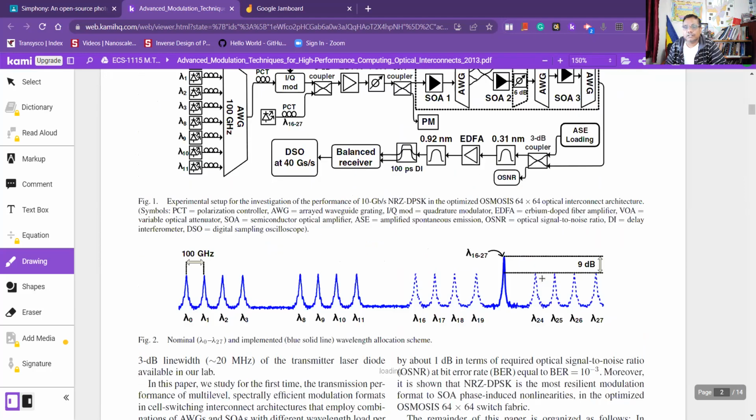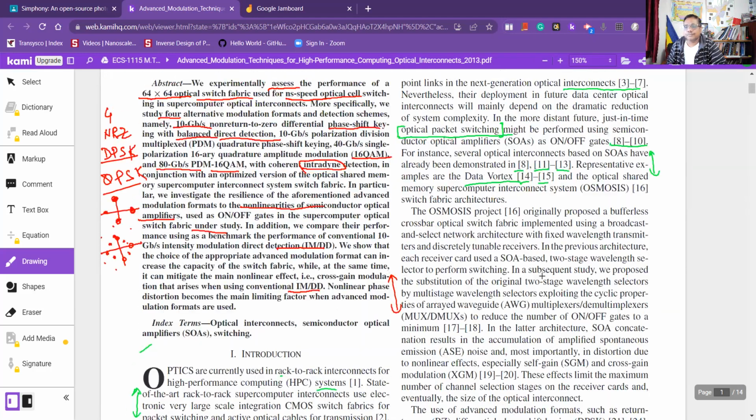Now coming back to this one, an optical shared memory supercomputer interconnect, that is called OSMOSIS, which is given in the 16 switch fabric architecture.